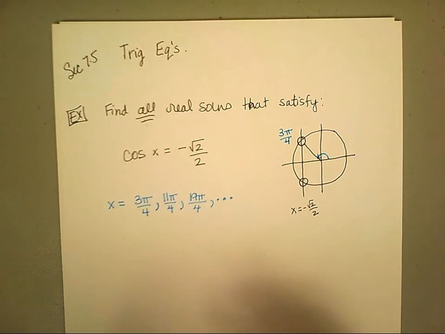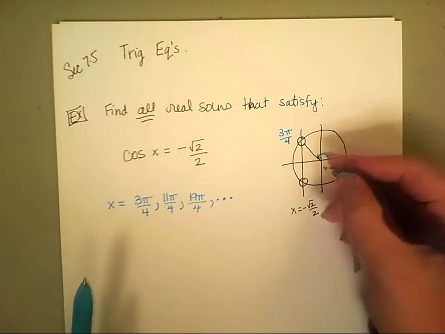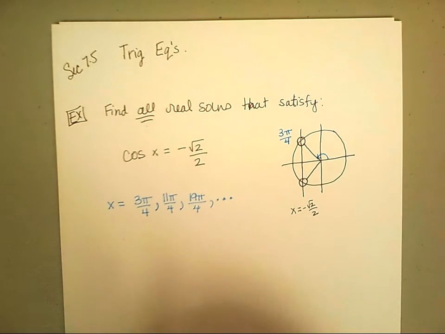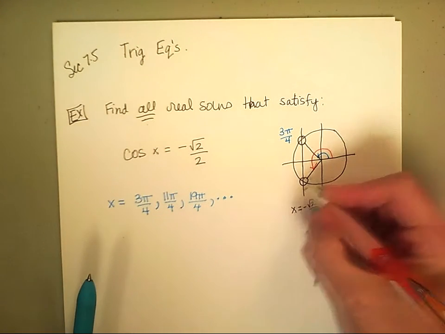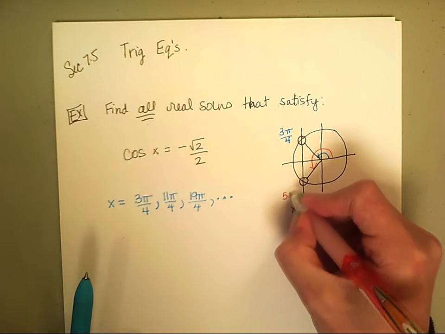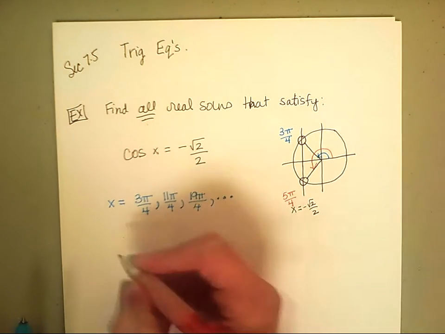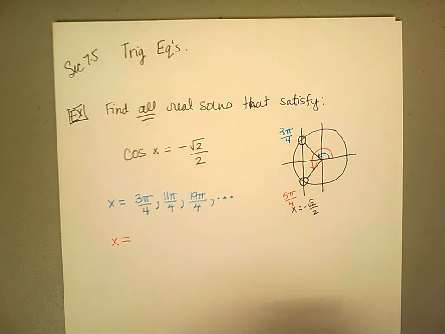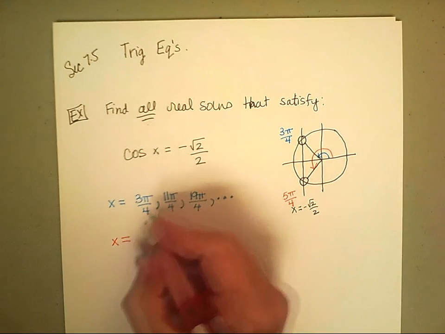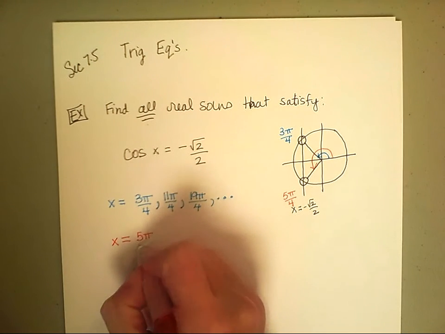But that's not the only one. We also have this angle. And on 0 to 2 pi, this angle here is 5 pi over 4. So now we have a whole other branch to this solution. And so the first one would be 5 pi over 4.